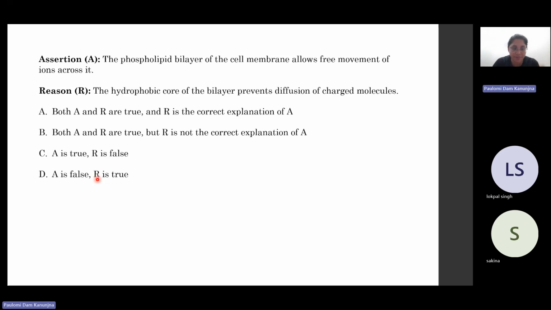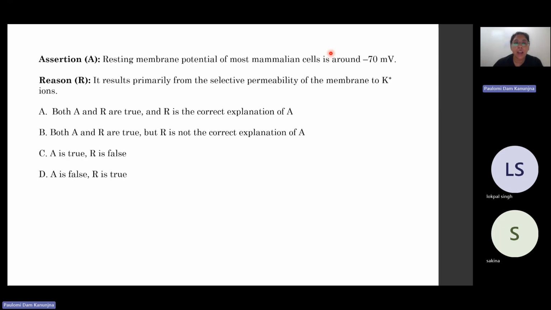D and D. Great. Exactly. And why D? Why is it false? Because it does not allow free movement. It's a selectively permeable membrane. Fantastic. Okay, next one. Resting membrane potential of most mammalian cells is around minus 70 millivolt. It is primarily from the selective permeability of the membrane to K plus ions.